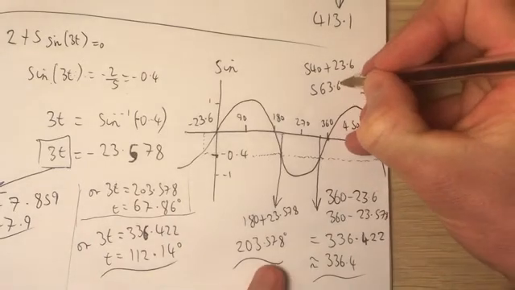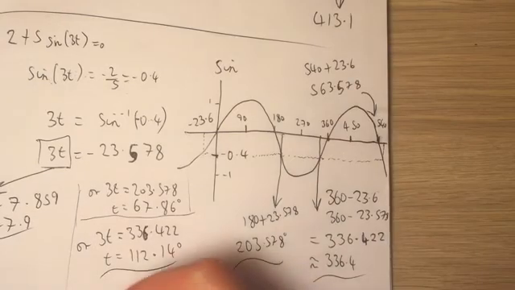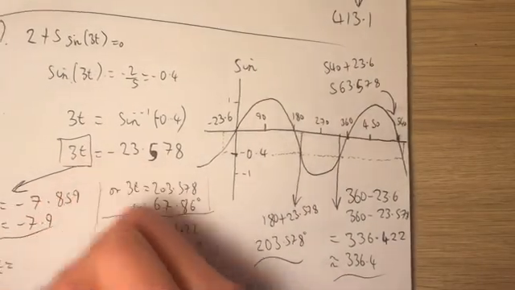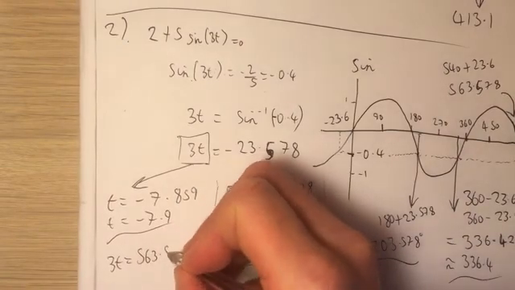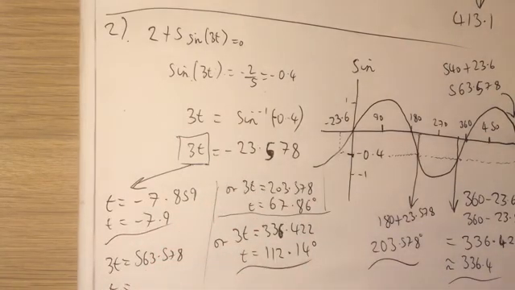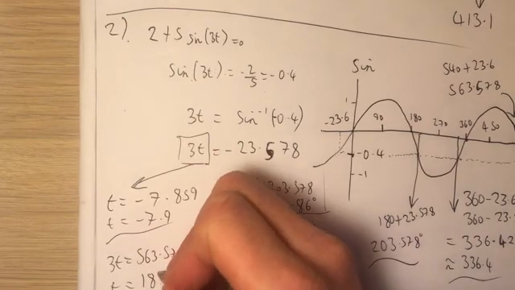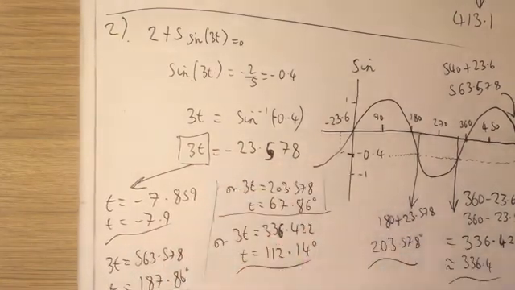Really, I should be more accurate, and it'll be 0.578. And then that gives us 3t equals 563.578 degrees. Divide it by 3. What does that mean for t? Will it be in my range? 563.578 divided by 3. Yes, 187.86 degrees. 1, 2, 3 solutions in the range.